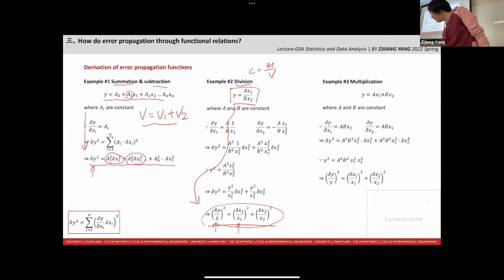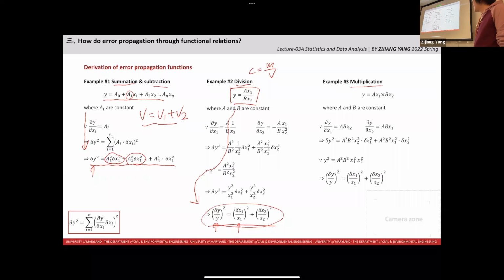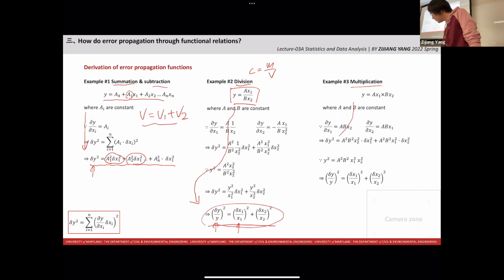Similarly, we have this multiplication. For the multiplication, we can also do some calculation and we get the result here. And surprisingly, we can see that they're the same. So even though this is division and this is multiplication and they follow different processes to do the calculation, the results are the same.